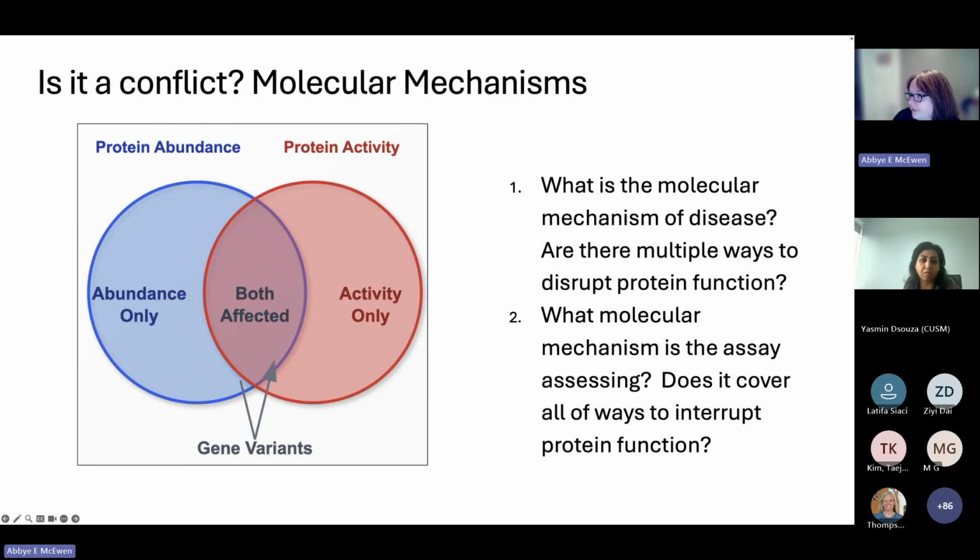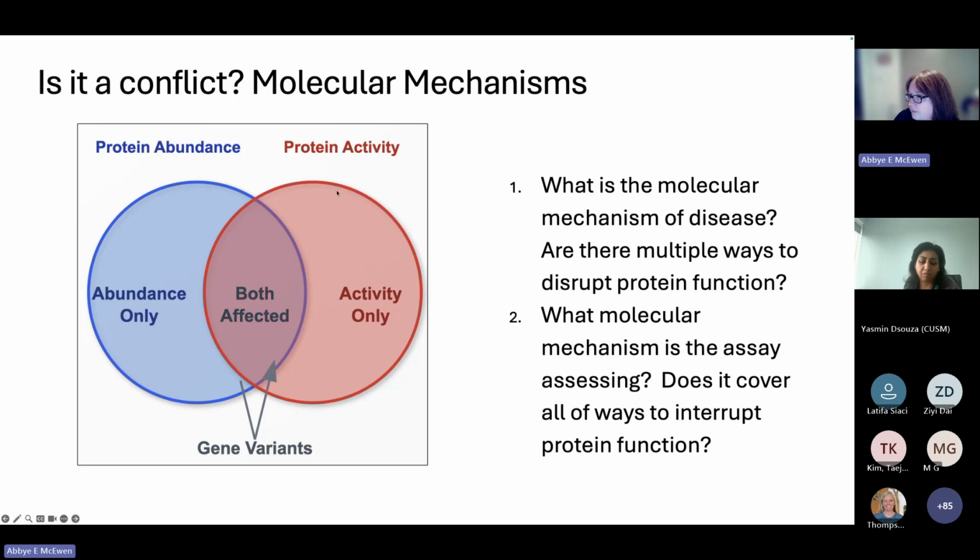Okay, so first thing you do when you get a variant where you have two different assay results that are conflicting is try to adjudicate the molecular mechanism. So in this example here, we have a protein measured by two different assays. One could be protein abundance. We know that a lot of missense variants cause loss of function simply by destabilizing a protein.